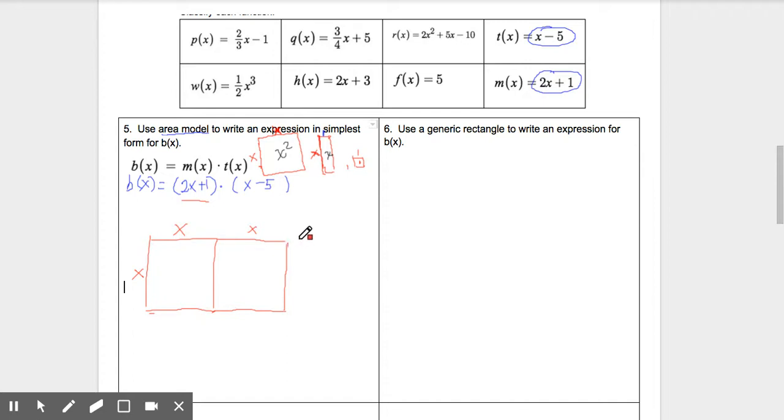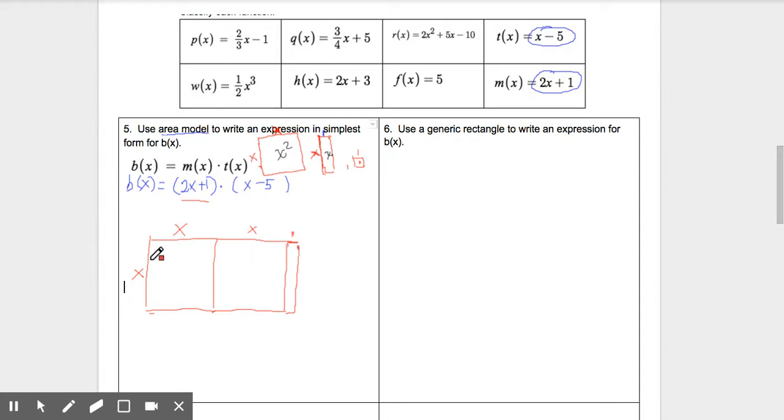So that means I need to extend the length by 1. And so I'm going to need an x tile because the length of the x tile is 1. So I'll have that 1 there. And if I put here the rectangle, then I still have a rectangle.